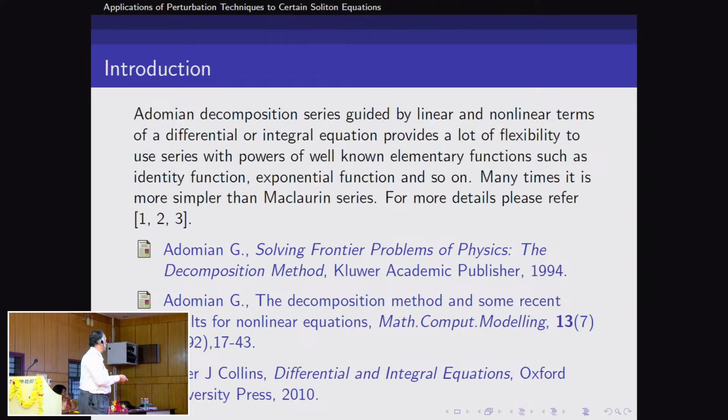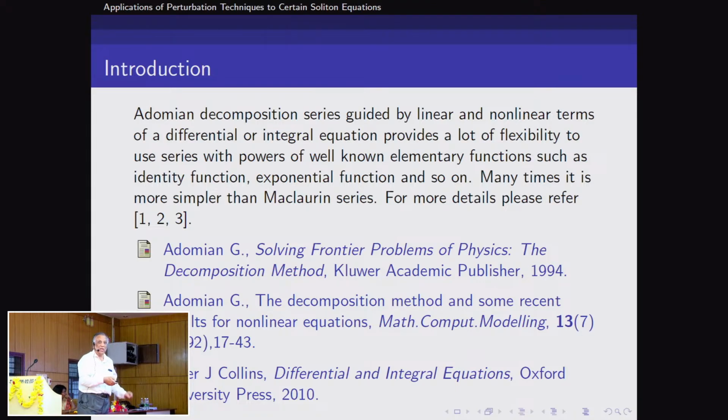We want to apply that to our equation. So we have generalized the KdV equation by introducing these three parameters alpha, beta and k, where k is 2 times square root. c is the velocity of the wave, given by u of x minus ct.